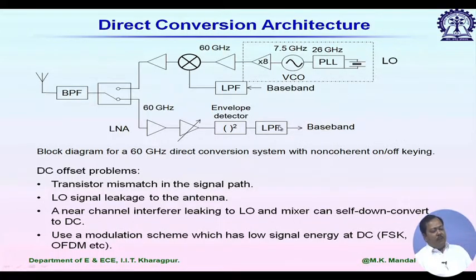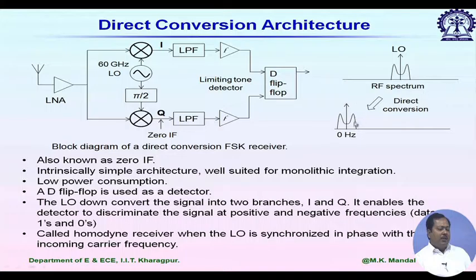So, the main problem for direct conversion architecture we face is the DC offset, because if I look at the spectrum, you see we have some DC value.